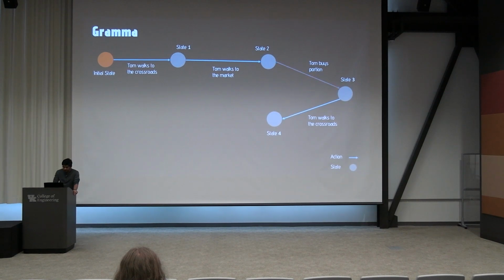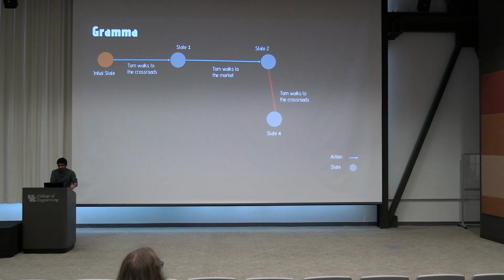Here, if we leave out the action where Tom buys potion from the merchant and try to take the action Tom walks to the crossroads directly from state 2, that action sequence is still valid, which means that the action Tom buys potion from the merchant is not causally necessary to that action sequence.